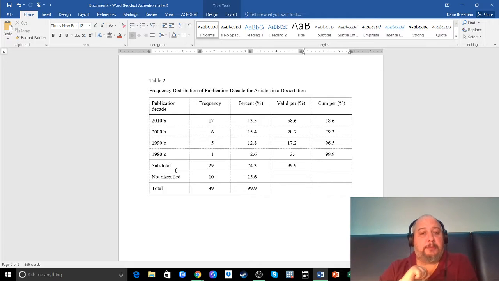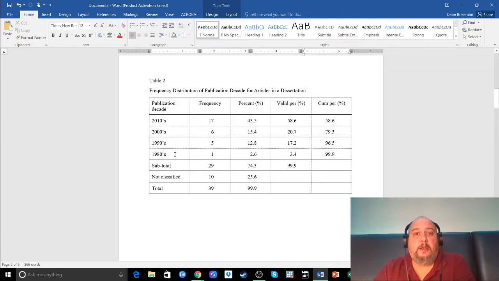Let me show you what I mean. The question is, how recent is the information in this dissertation? Well, I'm going to interpret it by saying the greatest percentage of articles published for this dissertation were published since 2010. The fewest number of articles published in this dissertation were published in the 1980s.